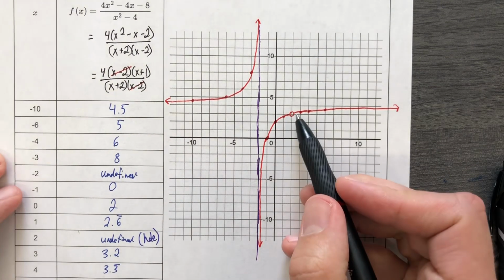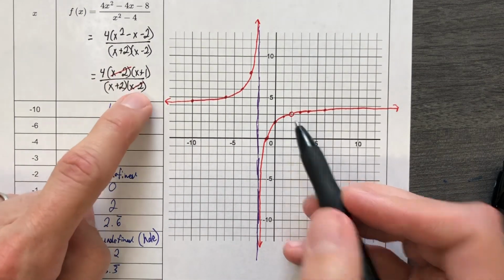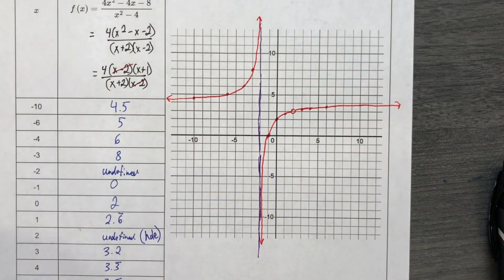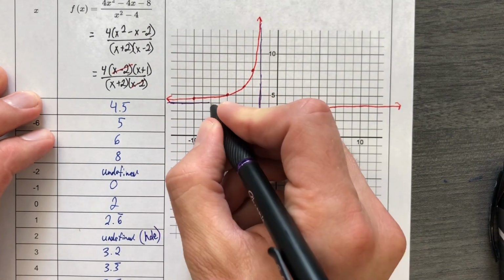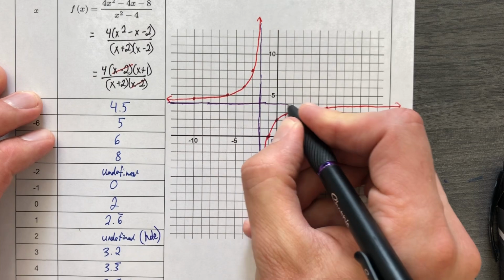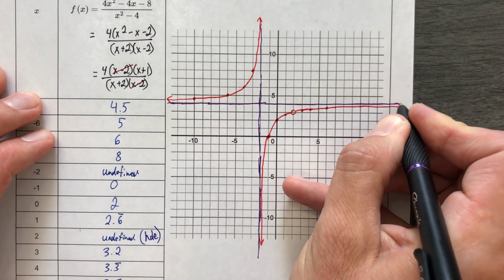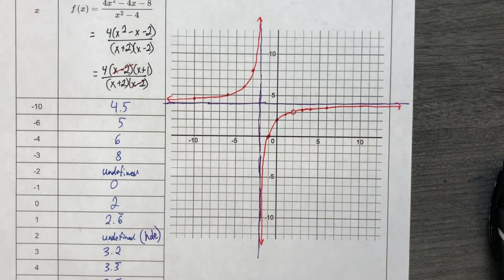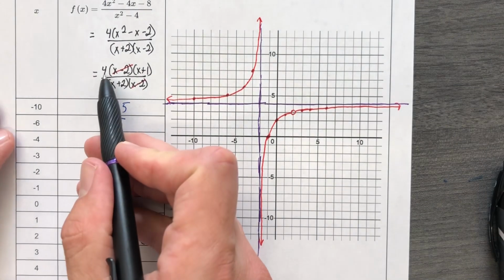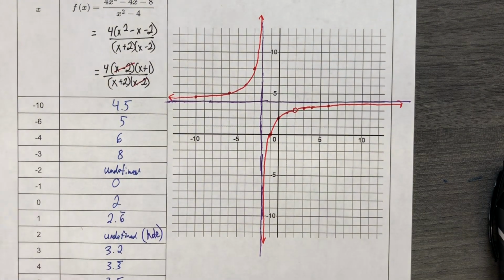You're going to have a hole in your graph at +2. And you're also going to have a situation where you never actually cross the line y equals 4. Probably should have told you that before you graphed it, huh? There's your horizontal asymptote. How do you find that one? We're going to delve into that. But that 4 and that 4, not a coincidence. Okay, not always going to show up like that, but that's not a coincidence.